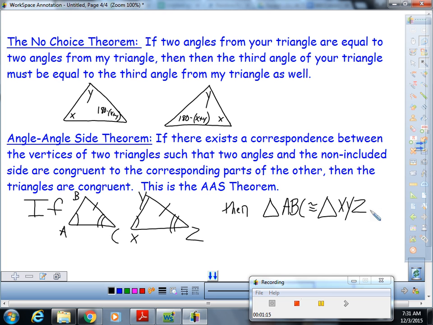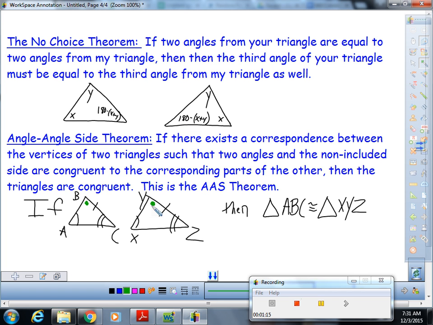That's what the AAS formula is. Now, Grace had a great thought. She said, if angle A is congruent to angle X, and angle C is congruent to angle Z, then what must be true about angle B in relation to angle Y? They must be congruent to each other, right? So we could get that as our next step by the no-choice theorem.